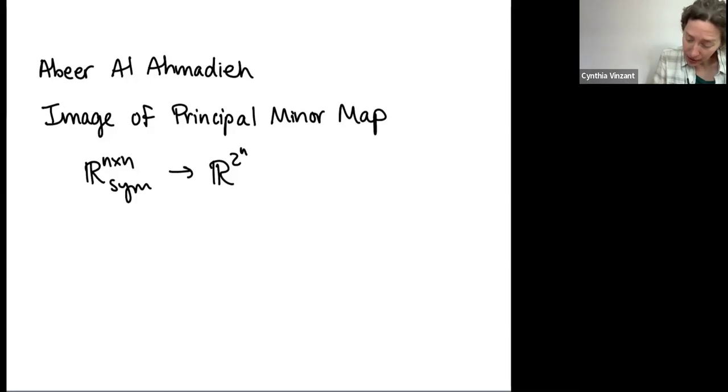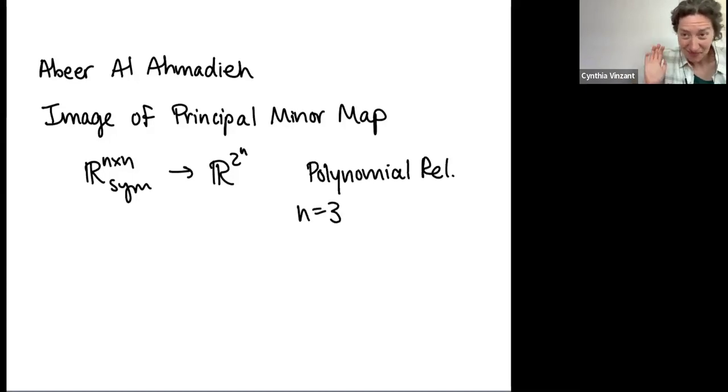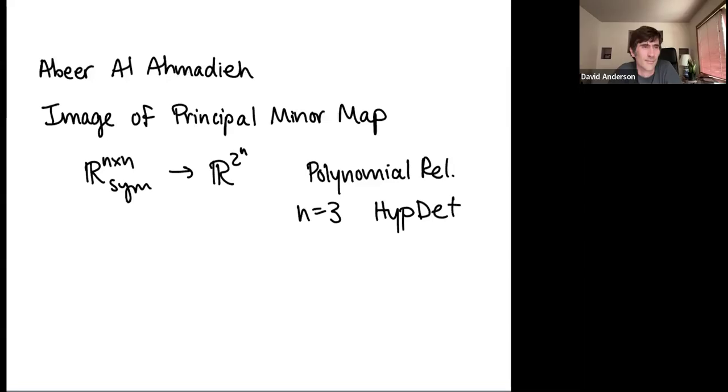For symmetric matrices, there's a lovely story. For n equals 3, there's a single polynomial relation, and it comes from something called Cayley's 2 by 2 by 2 hyperdeterminant.